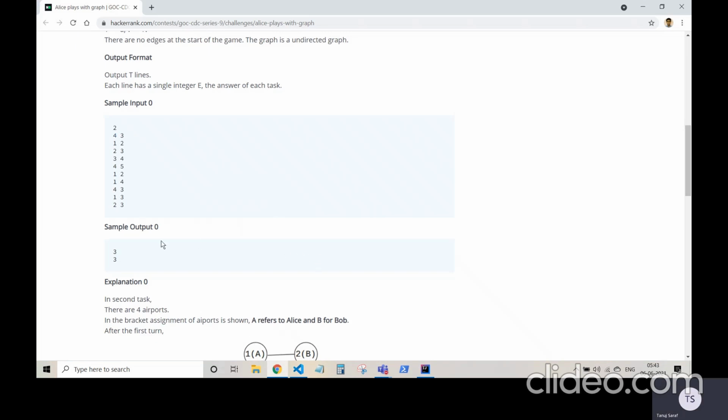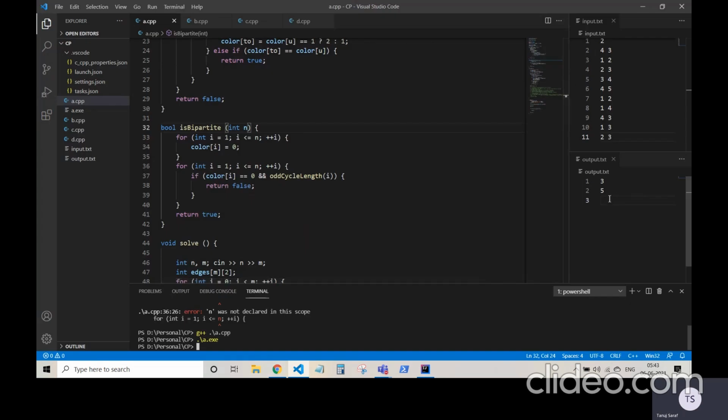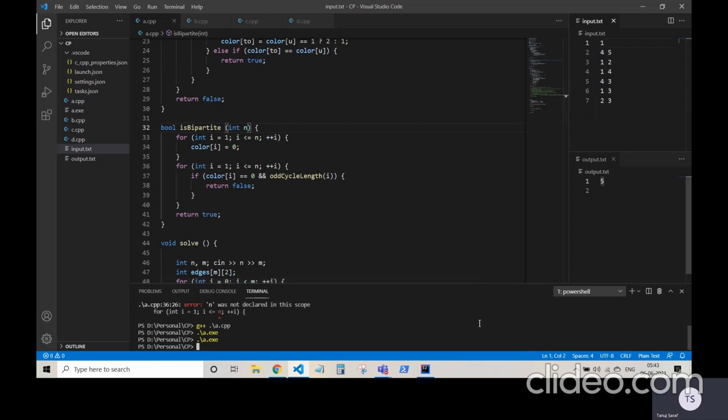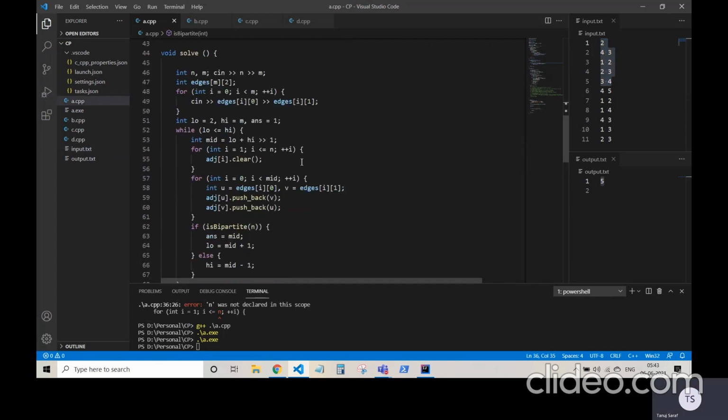Okay, so we have some fault over here. This answer should be 3, but we are getting 5, right? Okay, is it a problem because I have not cleared something? Individually, I'm getting 5. Let's go over it once again.